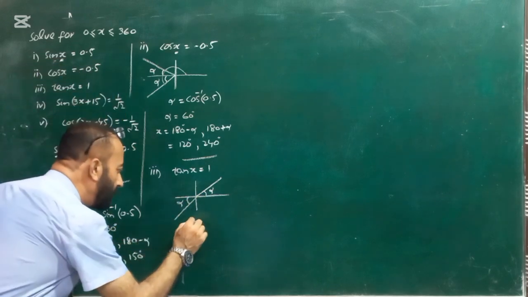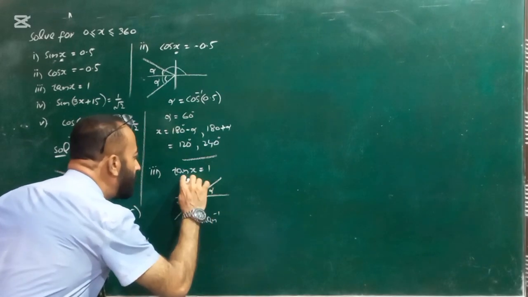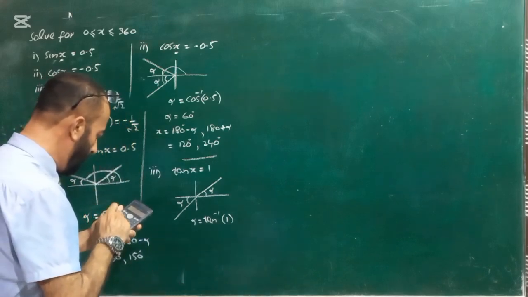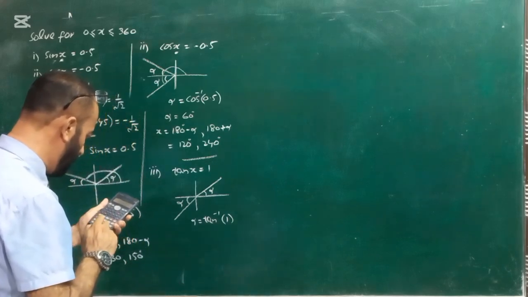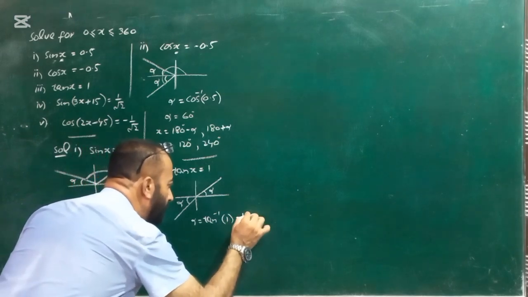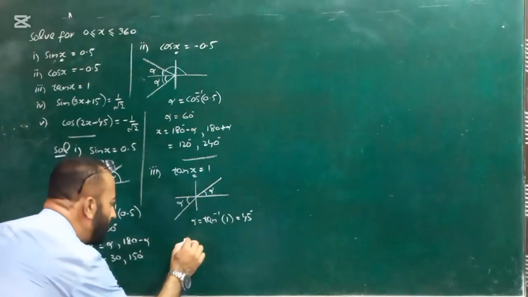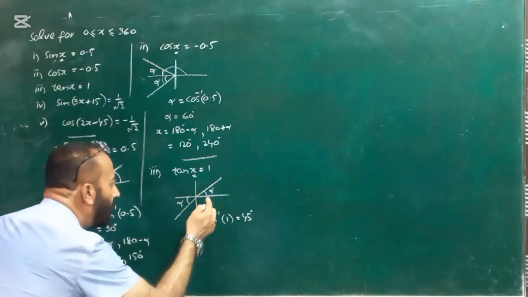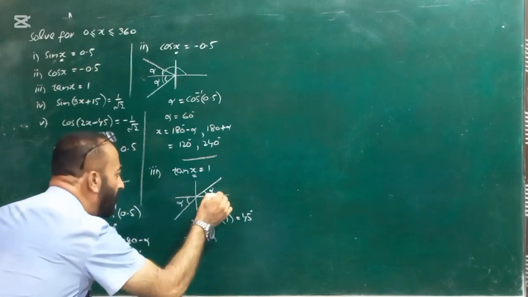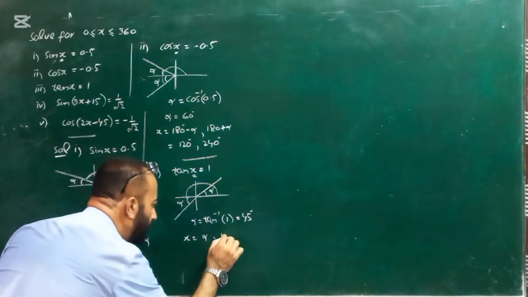Okay, moving further. So alpha will be equal to tan inverse 1, so tan inverse 1 will be equal to 45 degrees. Now the original angle x will be equal to, moving from this to this, alpha, and moving further up to this line will be 180 plus alpha.